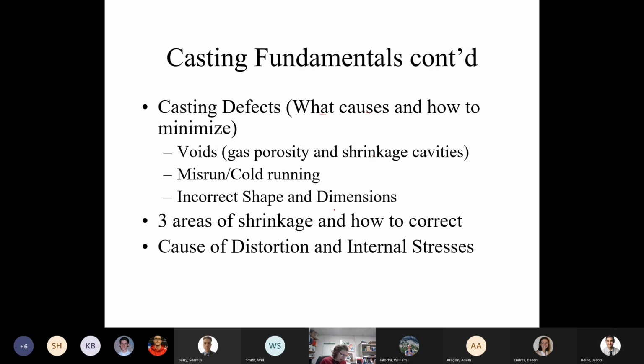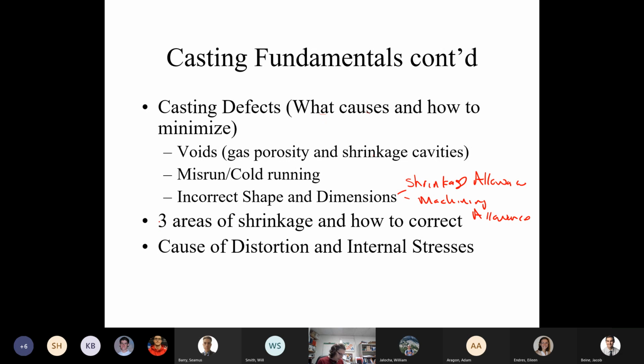And then incorrect shape and dimensions, this would be related to this concept of allowance. So again, here we have that concept of shrinkage allowance and then also machining allowance, and what that term allowance is.